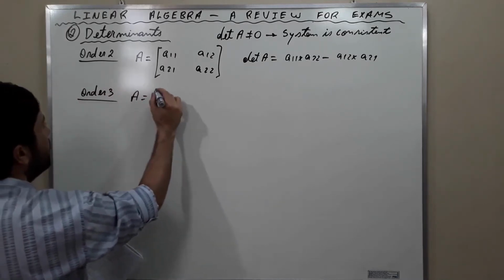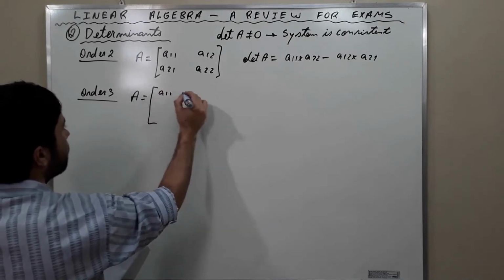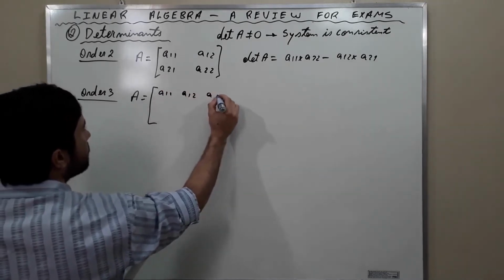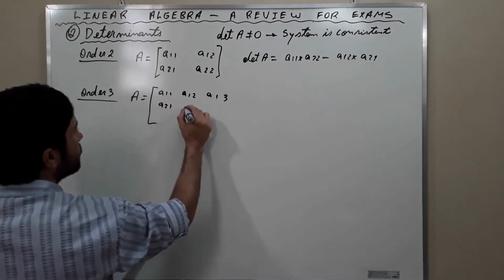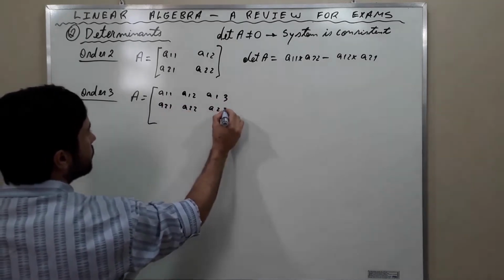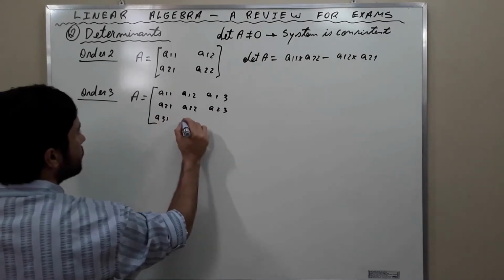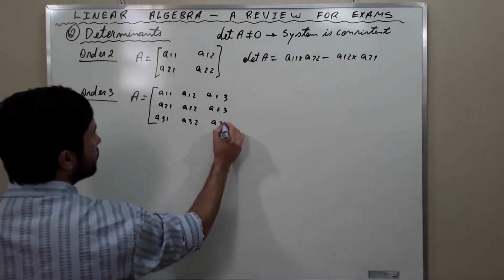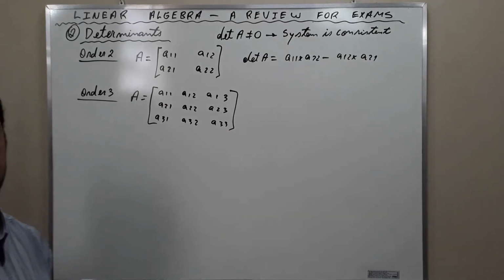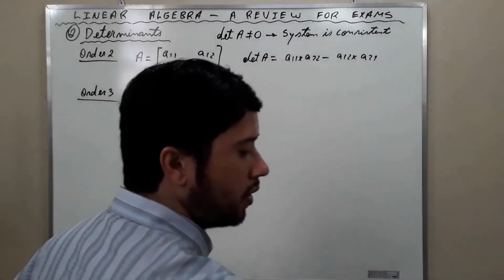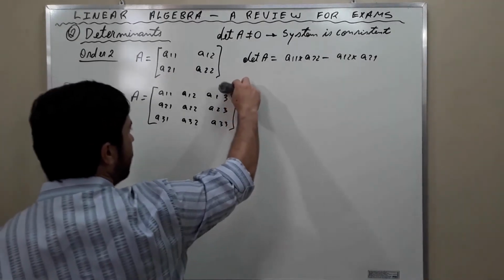Now let's inspect the determinant of matrices of order 3. Let A now be this matrix here. We want to calculate the determinant of this matrix. To do this, frequently we apply the rule of Sarrus. The rule of Sarrus is simple.